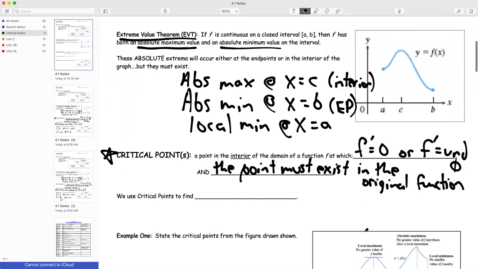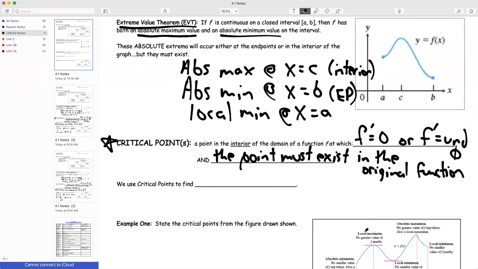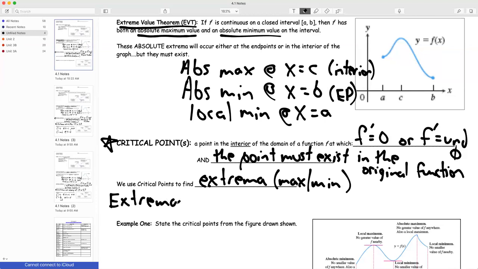We use critical points to find extrema, either maximums or minimums. In fact, extrema are always at critical points or endpoints.